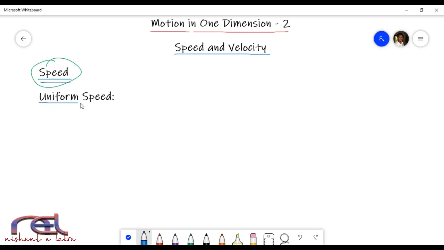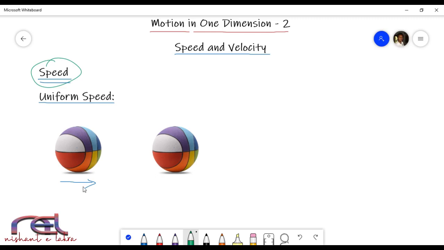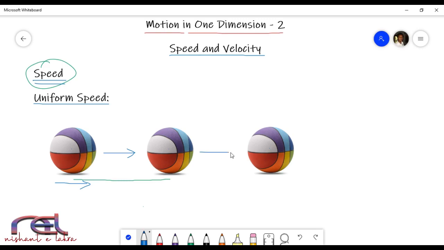Now let us study more about speed. Let's see what is uniform speed. Let's say there is a volleyball rolling on the floor. Now this is a single volleyball, not 4 volleyballs.